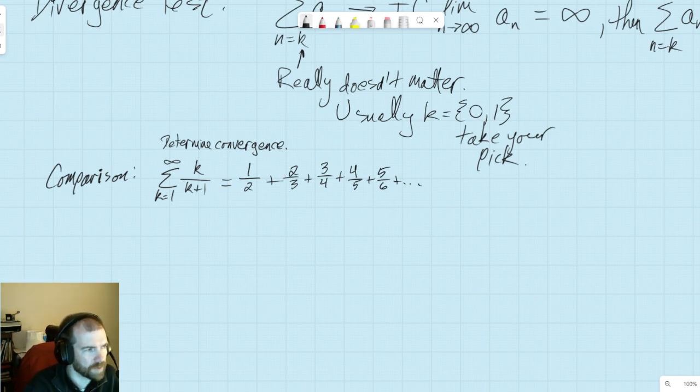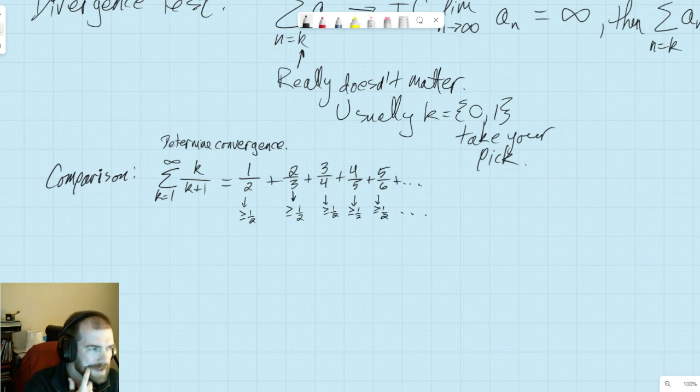Well, this one's actually pretty easy. We can tell, like, this term here is greater than or equal to 1/2. I think you'll agree. This term here is greater than or equal to 1/2, and this term, and this term, and this term, etc.